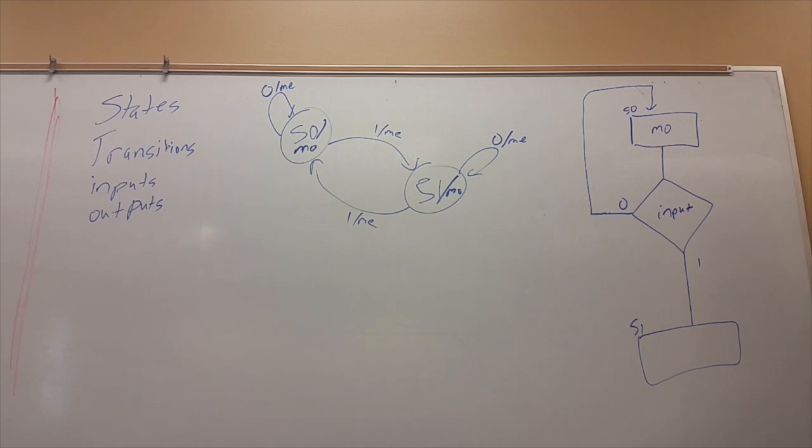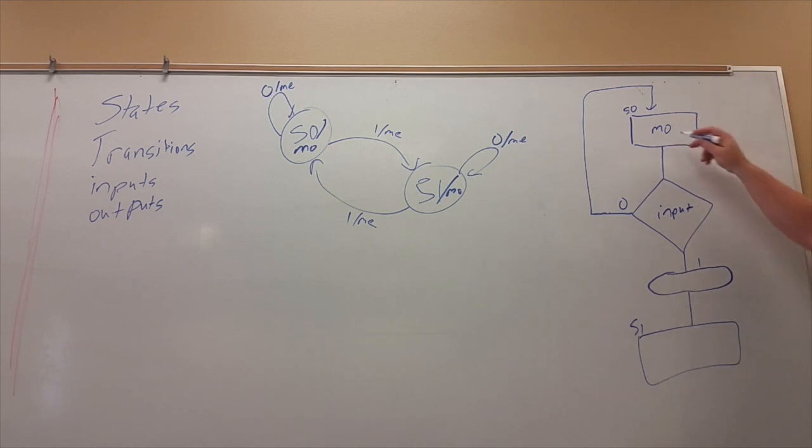Where would the Mealy outputs go? Well, I have to do it between these two, but I don't want a whole state here. So I need to show something that you're going to do, but it's not its own state. So we round the corners. If you round the corners off, it means it's a conditional block. It's not its own state. It happens in whatever state is directly upstream from it.